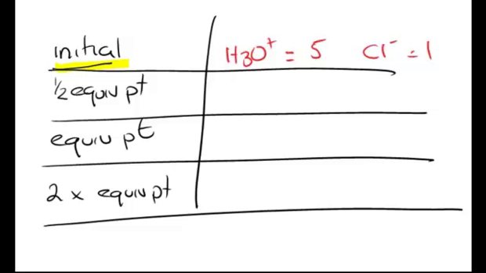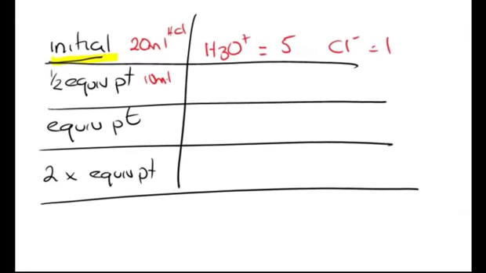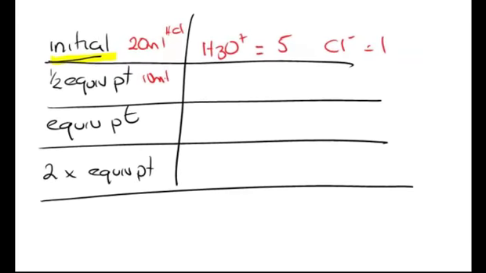Now if we assume we have say 20 mils of HCl, just an assumption, and it's obviously a one-to-one stoichiometry, so that means if we have the same concentration, halfway to our equivalence point we've added say 10 mils of sodium hydroxide. So that means we've got a total volume of 30 mils.